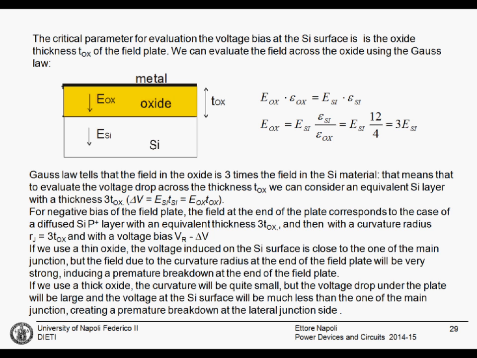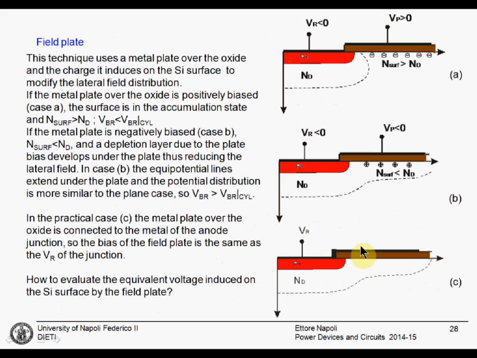This is the voltage drop on the silicon. But what we are interested in is not only the voltage induced here, but we want to understand the behavior here at the end of the field plate, where the junction will curve again, because we don't want this curvature to be very high.